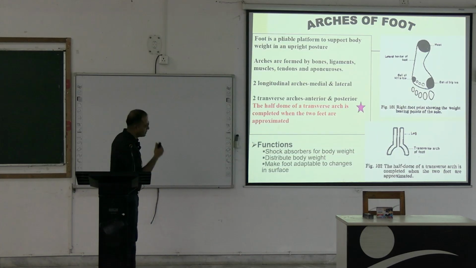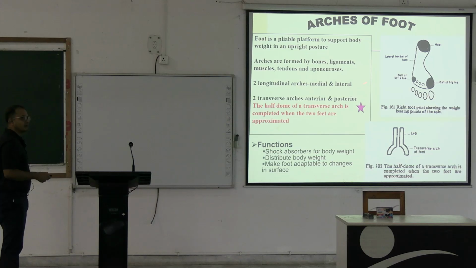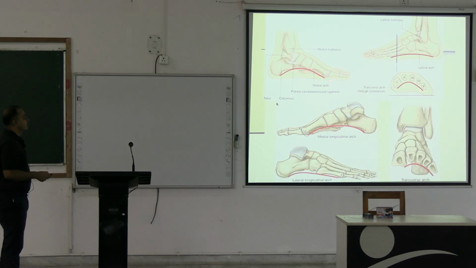Coming to the arches, there are two types. One is the longitudinal arches, medial and lateral, and the other is the transverse arches. They are present on the front side and the back side. They hold the dome of the foot, keeping it up. This arch keeps the foot in a position so that you can run and walk without hampering the blood supply and nerve supply.